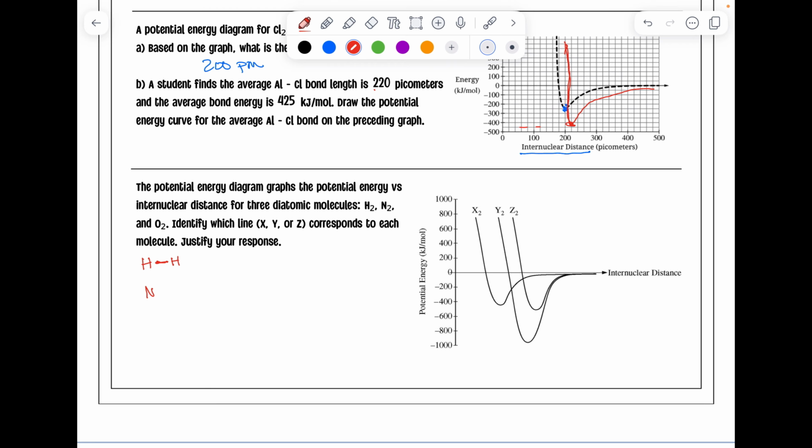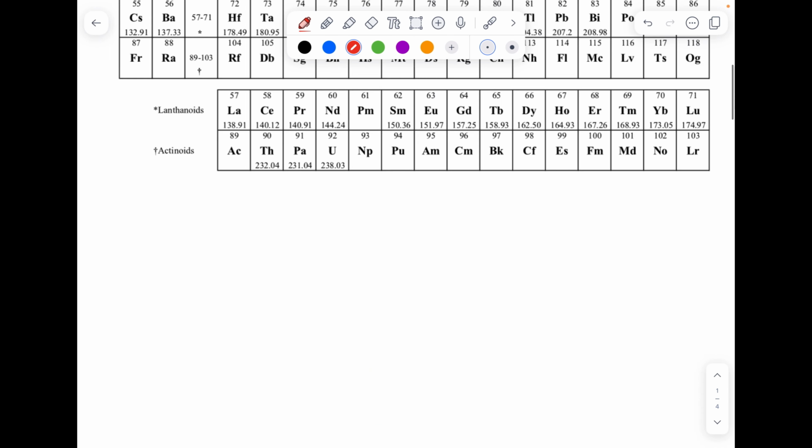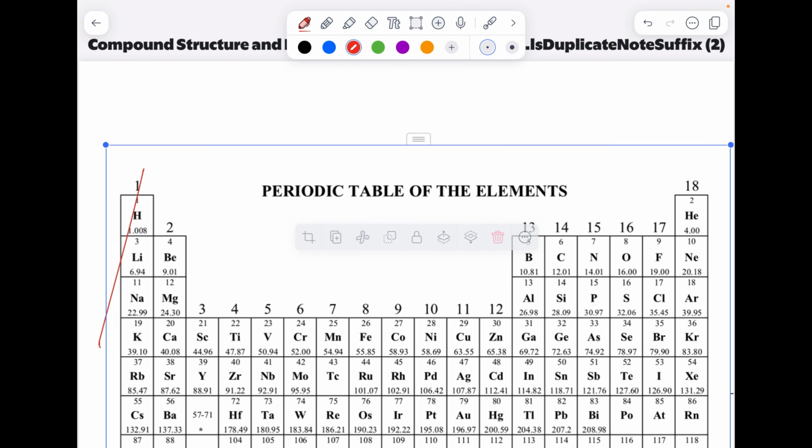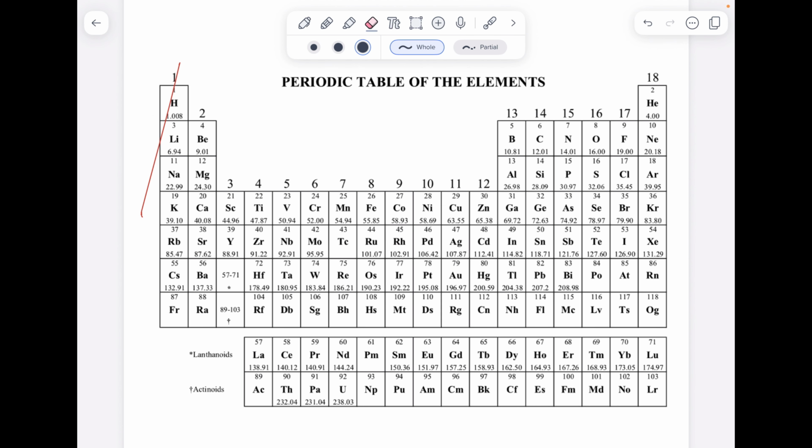Nitrogen has 5 valence electrons. So here, let's go up to our periodic table, and remember 1, 1, 2, 3, 4, 5, 6, 7, 8. Remember, we skip our transition metals. These are the valence electrons.